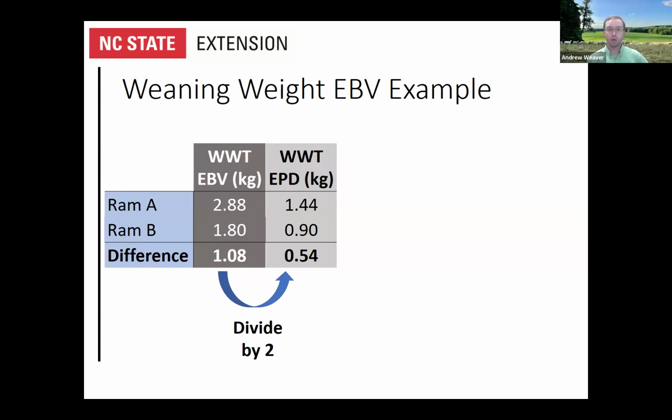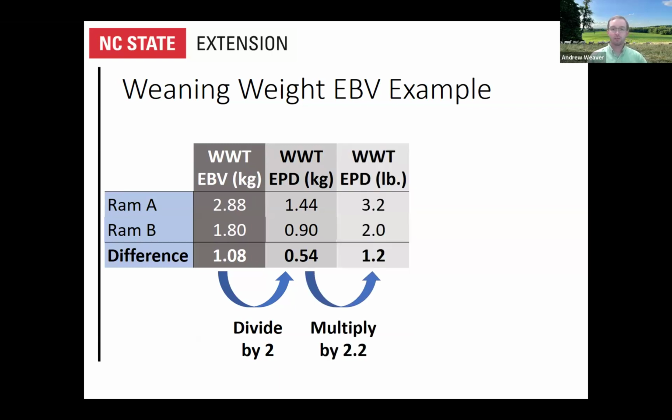Now, if we want to convert that to an EPD, an expected progeny difference, what they're going to pass on to their offspring, similar math to what I just did on the last slide. We divide by 2: 1.44 and 0.90, which would lead to a difference of 0.54. Now, my brain thinks in pounds, and so I tend to convert things to pounds to do these comparisons just because that's how my mind works.